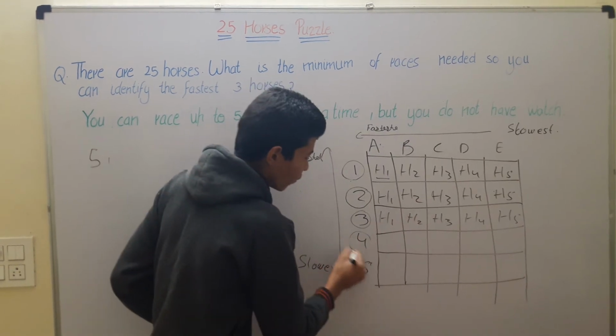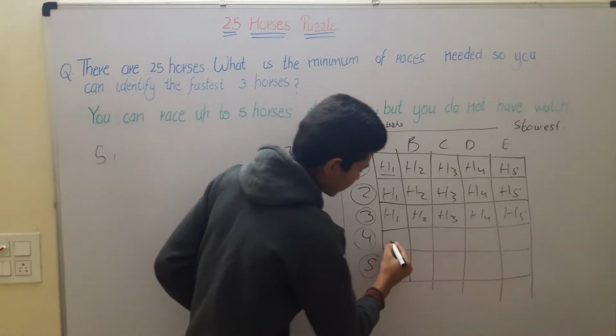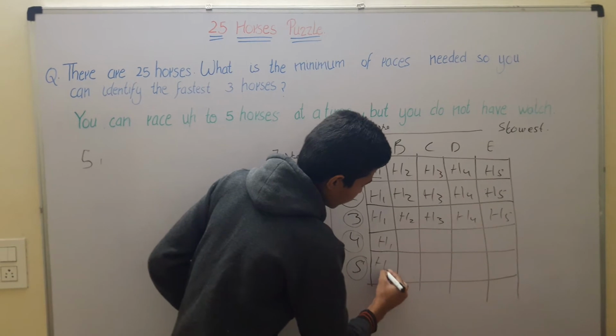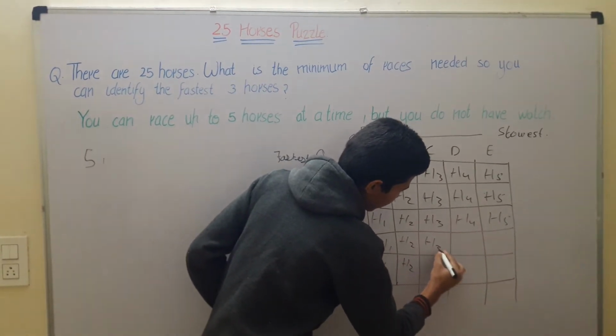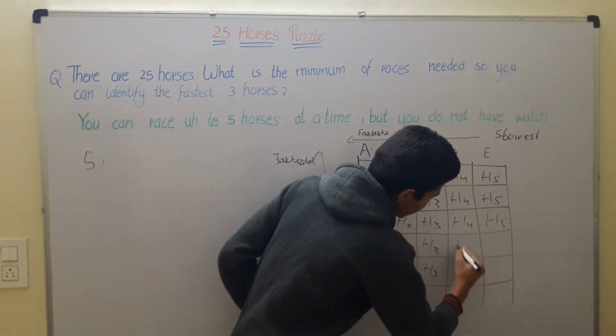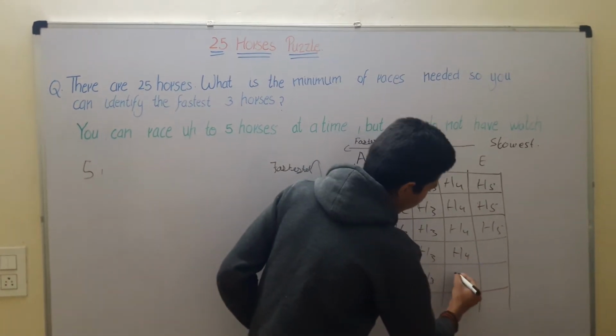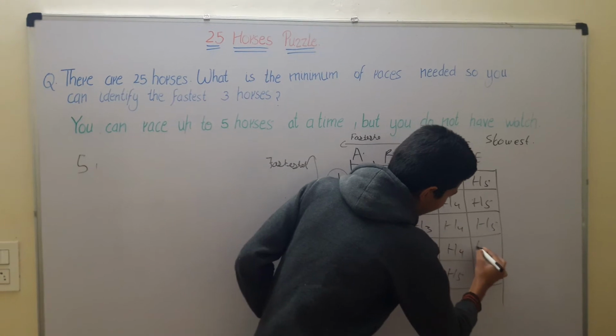We have to do this for the remaining rows as well, each giving H1, H2, H3, H4, H5.